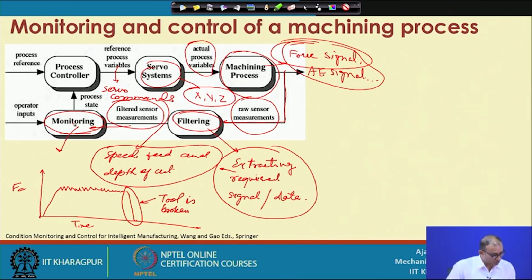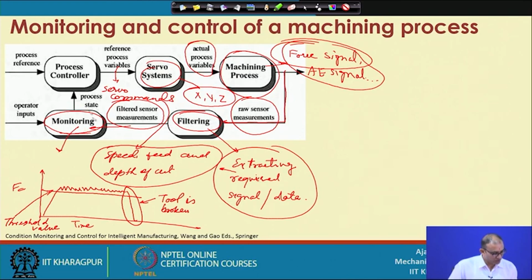So, here you are monitoring those things. Now, if you tell the system that if your force is going below a certain level, you consider this a threshold value. Now, suppose it is a closed loop kind of thing, then you provide one program in such a way that, if the force is reducing below this particular threshold value, then stop machining.